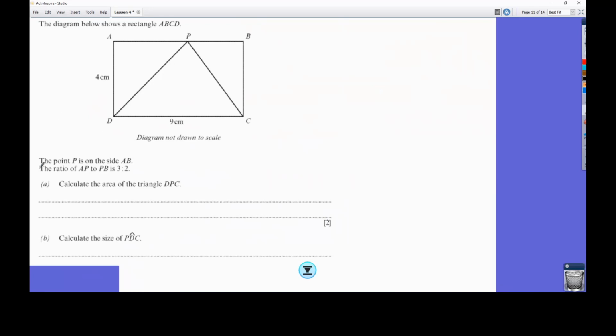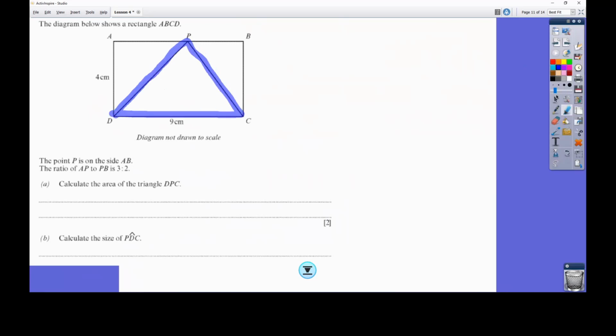Okay, so A, we want to work out the area of the triangle DPC, so I'll just highlight it. We want the area of this triangle. So area of a triangle is simply half base times height.